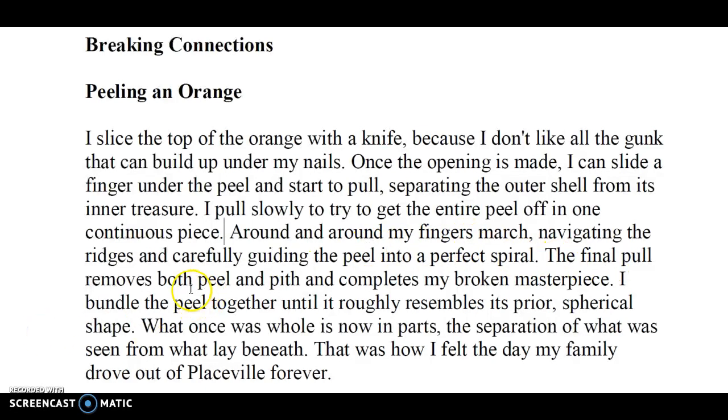"The final pull removes both peel and pith and completes my broken masterpiece." That's an interesting set of words, right? This "broken masterpiece" is just kind of interesting. I was trying to bring in this idea of breaking connections, so I used the word "broken" because of that. And it's a masterpiece because I was trying real hard to make this continuous thing, and there's talk about treasure and stuff, so maybe it brings it all together.